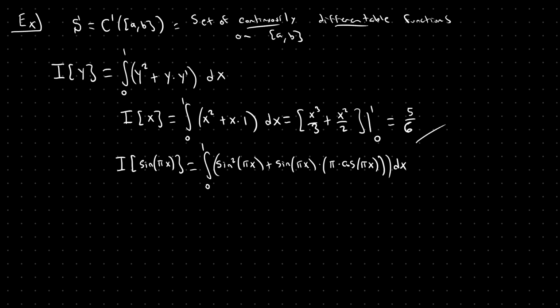This is a little bit longer than before, but essentially this is what we get for this specific functional right here, when we evaluate it at the function sine of pi x.